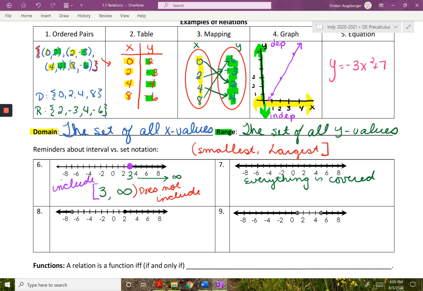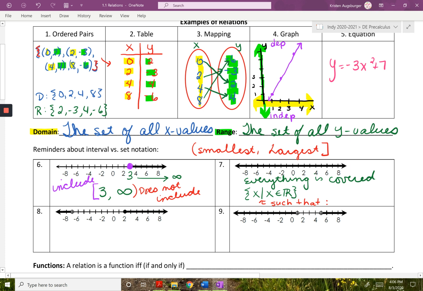Well, for set notation, you have a couple of different choices. You can write the domain here as the set of all values such that every single one of those values is a real number. Some notations on this: understand that this line here means such that, and sometimes you will see that written as a colon, just depending upon what's easier to type.